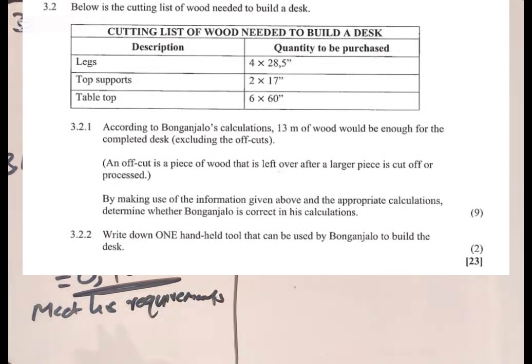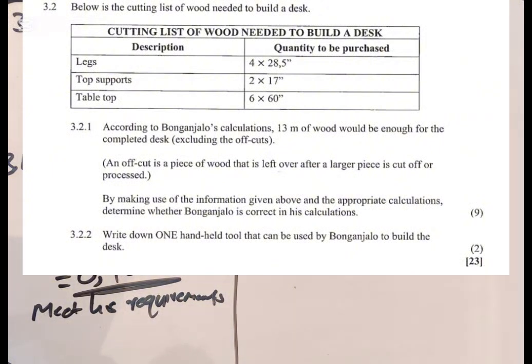3.1.4. The easiest question I ever met in Maths Lit with the highest marks. If you look at this question, it says that below is the cutting list of the wood needed to build a desk. The cutting list is: legs, 4 multiplied by 28.5 inches; top supporter, 2 multiplied by 17 inches; tabletop, 6 multiplied by 60 inches.